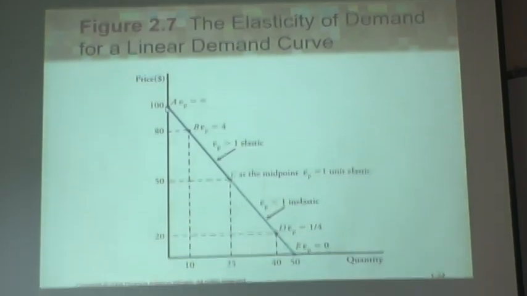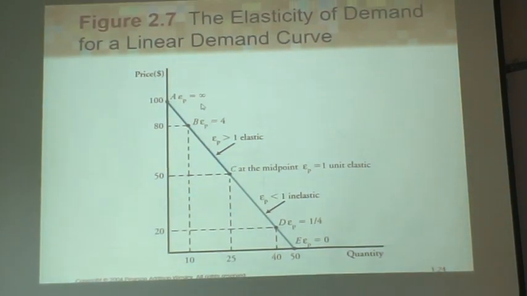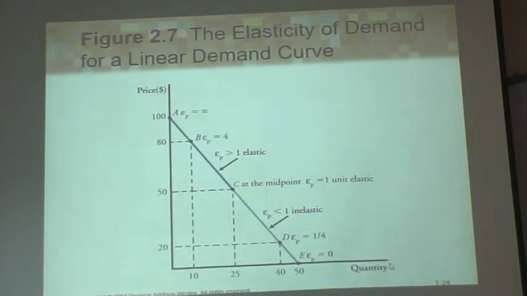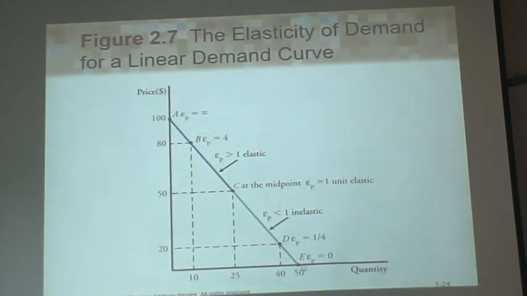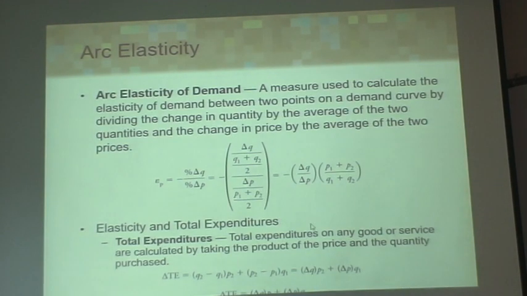And here, when you get to the price axis, the elasticity is infinite. When it goes down to the quantity axis, what do you have? The elasticity is equal to 0. Okay? So when you move up, the elasticity goes up. Moves down, the elasticity goes down.